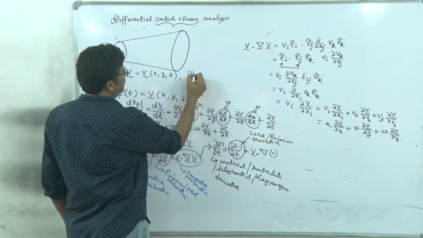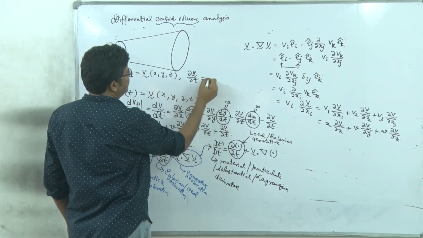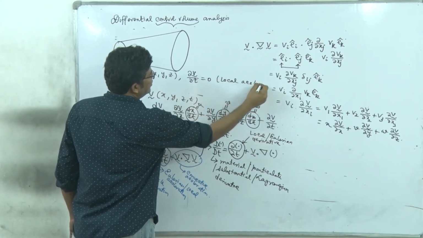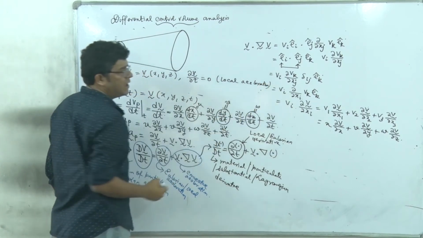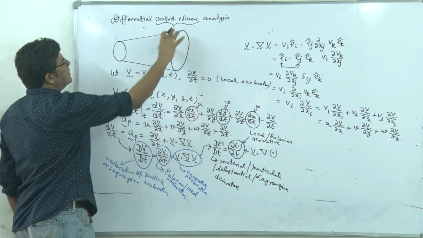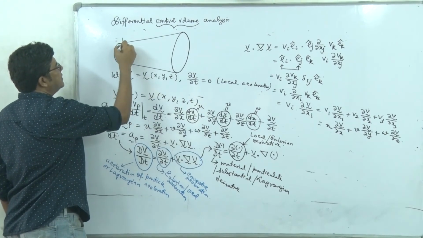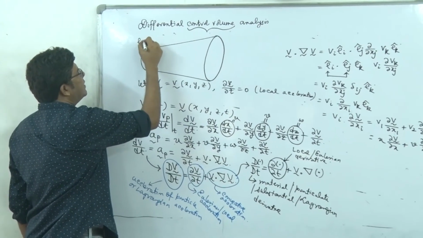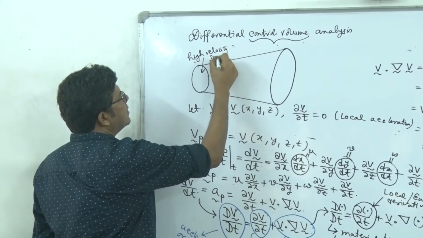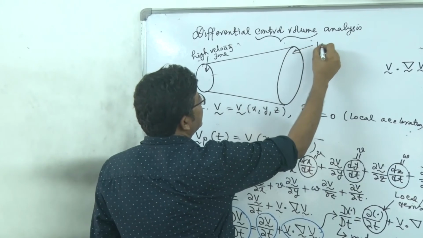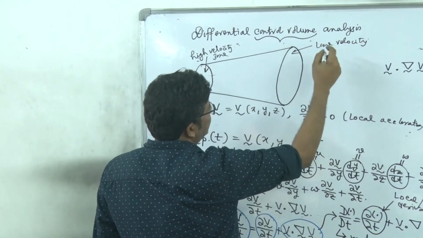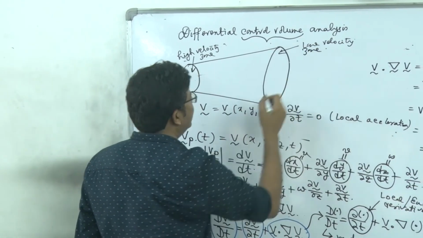So obviously del V del t is equal to 0. Local acceleration is equal to 0 because at any point the velocity is not changing with time. Now we know as it is a divergent type of nozzle, this is a high velocity zone and this is a low velocity zone, because the cross section increases, so velocity must change.